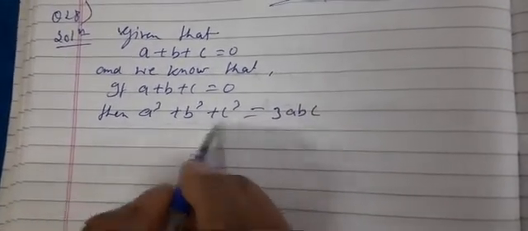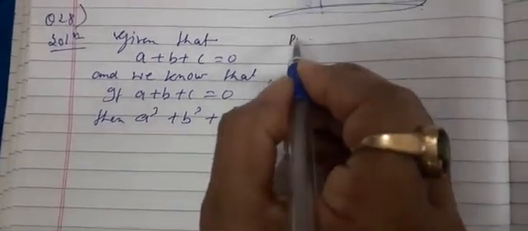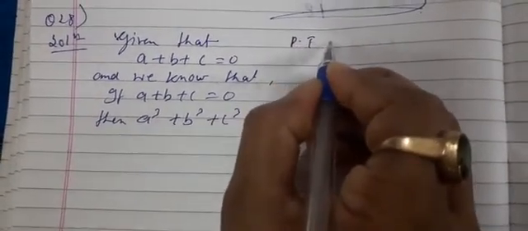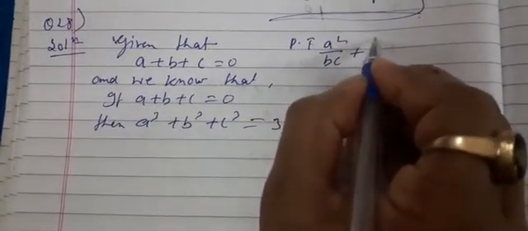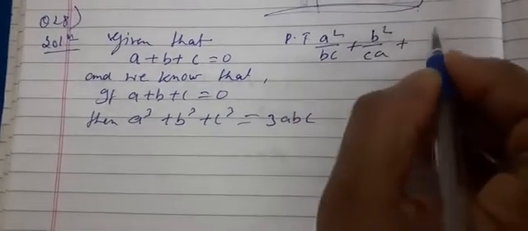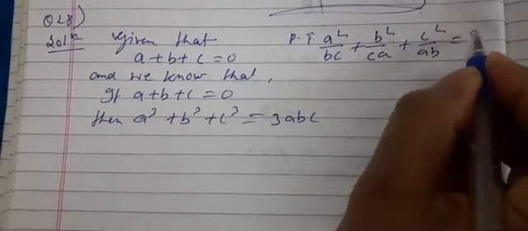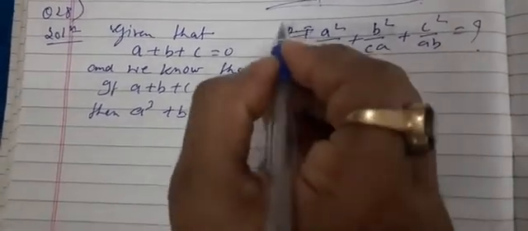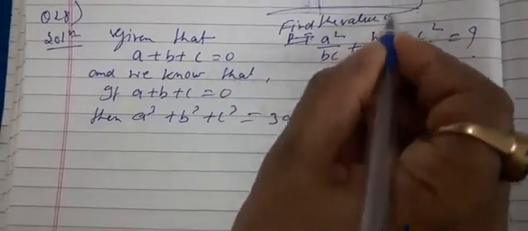Now we will think about our question, what we need to find. Our question says a square upon bc plus b square upon ca plus c square upon ab is equal to what? It does not say prove that, it says find the value of this.